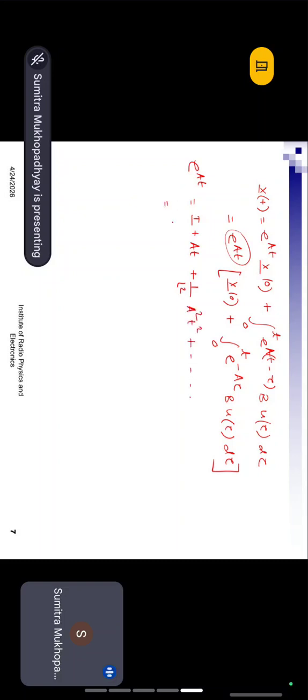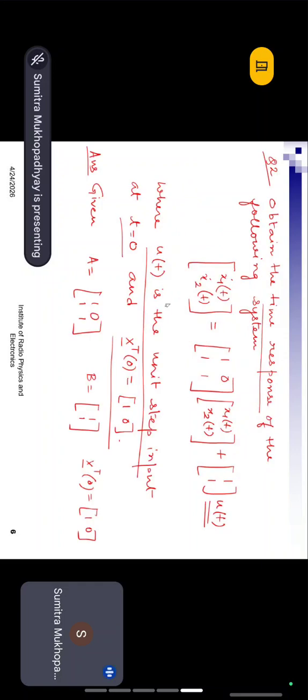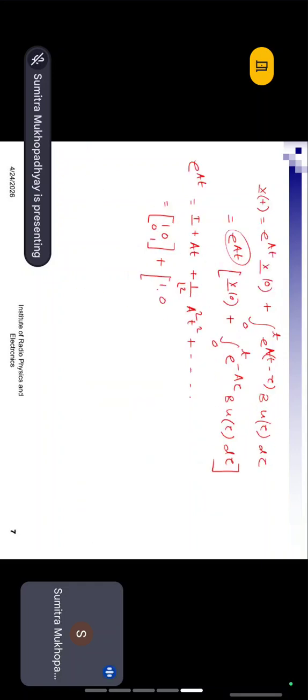So this is equal to something like [1 0; 0 1] plus, what is A? [1 0; 1 1], plus 1 by factorial 2 A squared. What is A squared? Can anyone please tell me what is A squared?